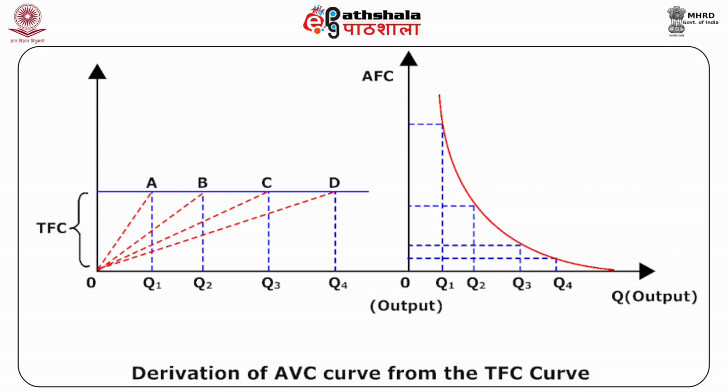Therefore, you would see that we have a curvilinear graph which represents average fixed cost. It is convex to the origin, and at each point the area under the curve would always be equal to the total fixed cost. So, if we consider this, it would be obvious that AQ1 upon OQ1, which was the slope in the first diagram, would always be greater than BQ2 by OQ2 and so on.